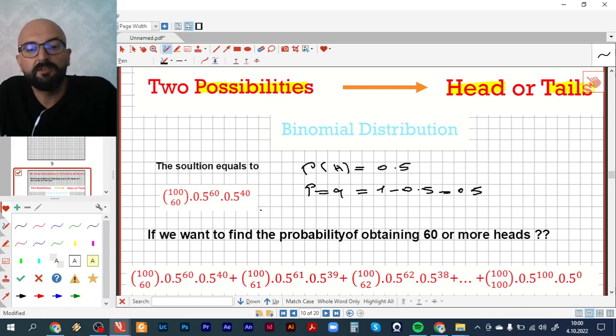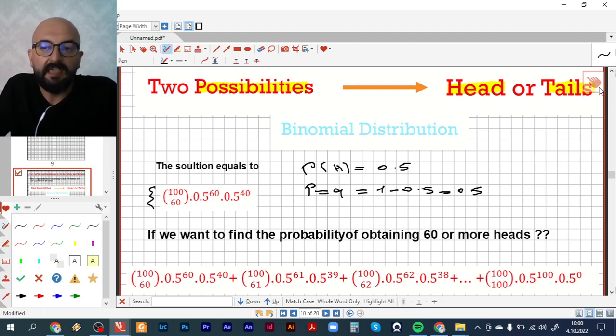And if we want 60 times heads, we will use the binomial distribution.